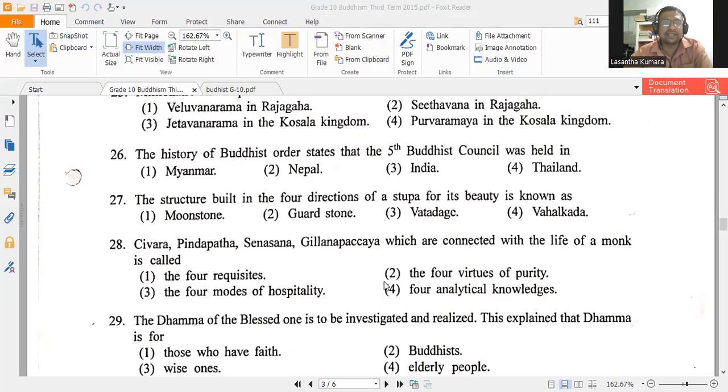And Senasana, what is the Senasana? Residence. Yeah, the place to live. A dwelling place, right? Senasana is a place to live for the monks. It may be a cave, it may be a monastery, some place where they can have a shelter. Then Gilana Pacha. What is it?